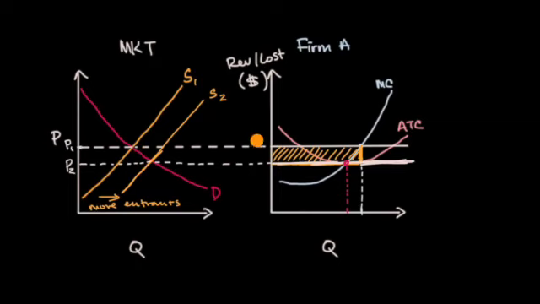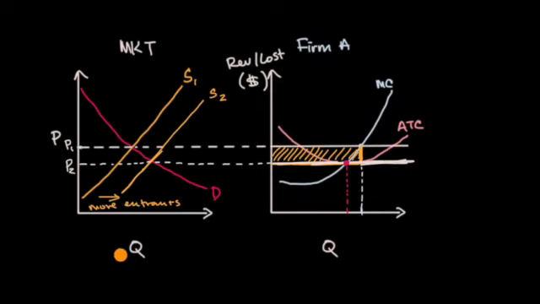The market price, which also defines this horizontal marginal revenue curve, went lower and lower to the point where firm A now in this situation is making no economic profit. At this point, not only is marginal revenue intersecting marginal cost, but that's exactly at the point at which marginal cost is equaling average total cost.